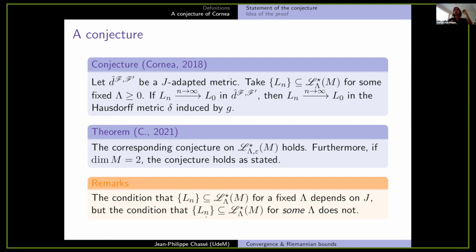However, the condition that Ln is in L star lambda for some lambda does not depend on J. If I change my J, a sequence which has uniformly bounded second fundamental form will still have uniformly bounded second fundamental form. So even though we're using a metric to define all of this, this is a symplectic property. To be in such a space for some lambda does not depend on J.